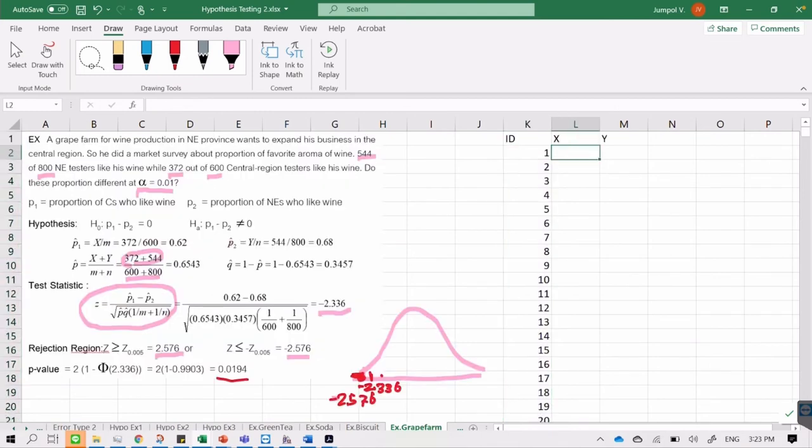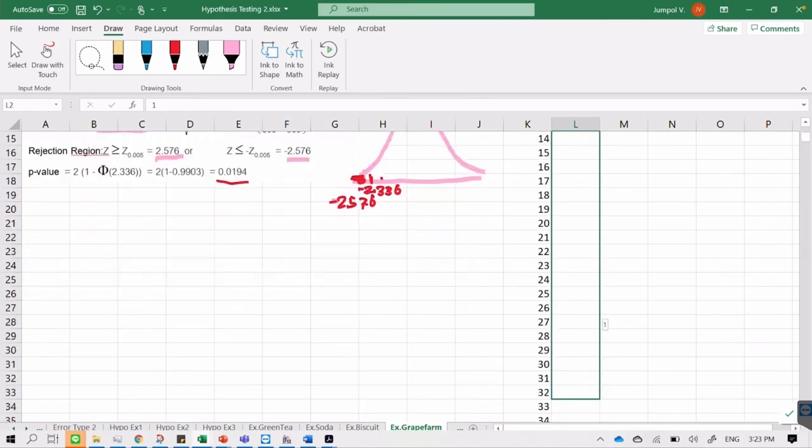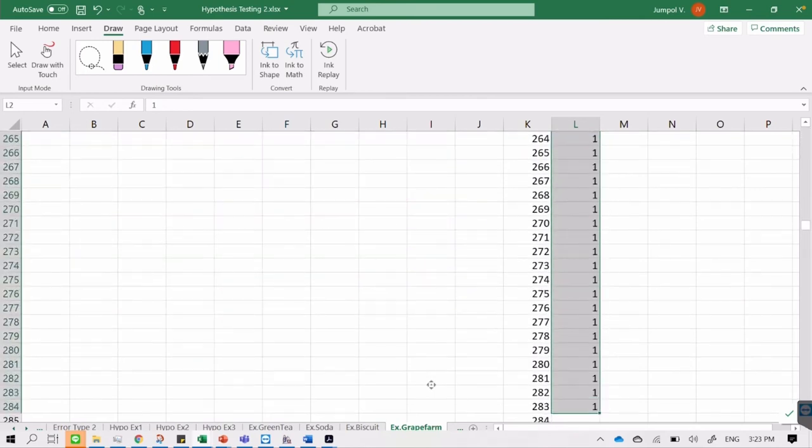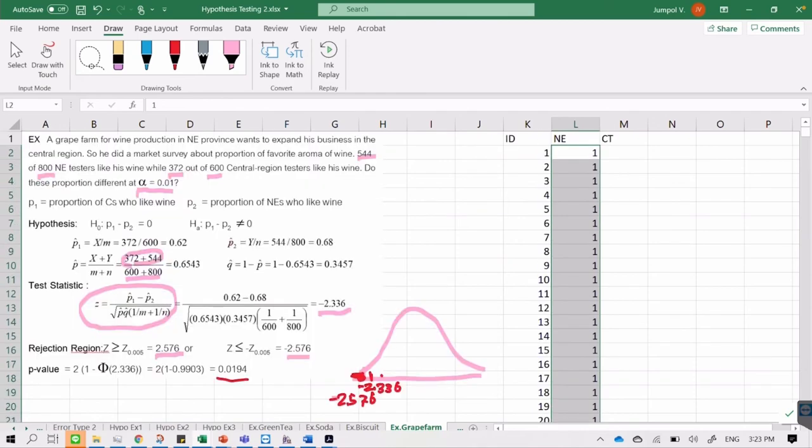For x, let this be northeastern and this be central. For the northeastern, let 1 be the number of people who like the wine, and how many out of 600? 372.